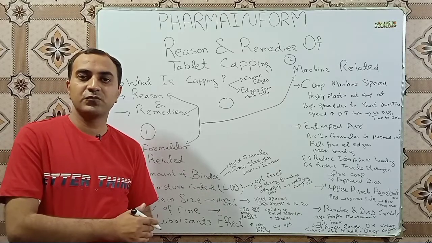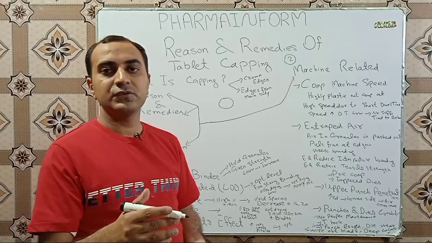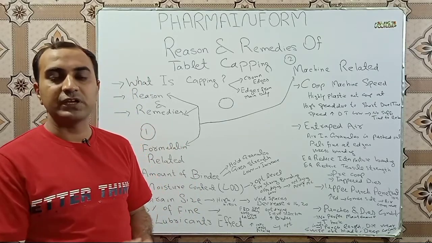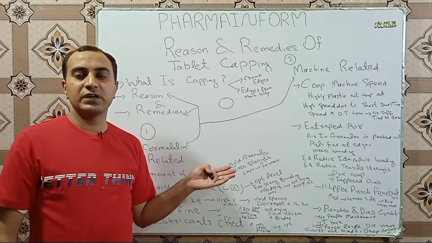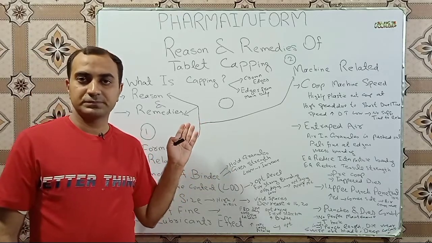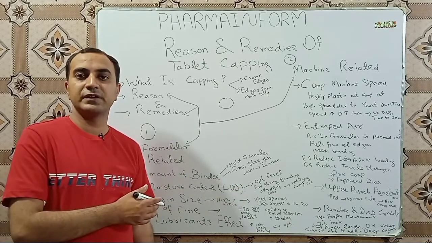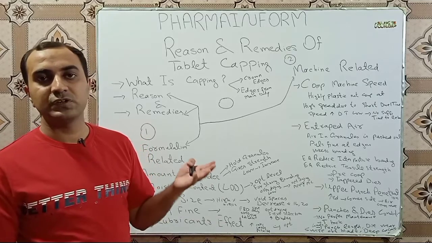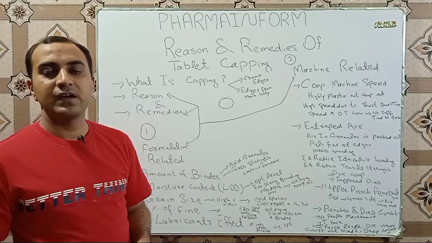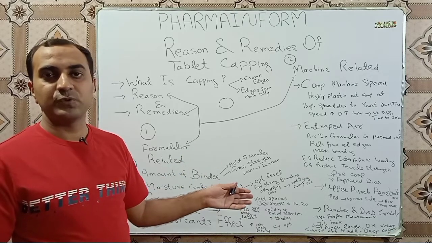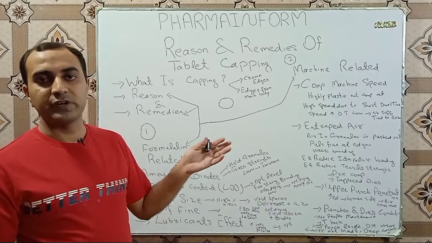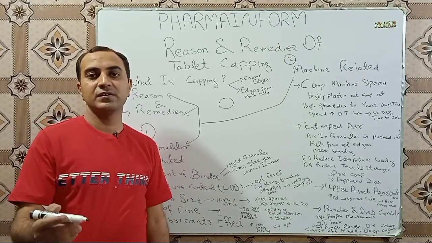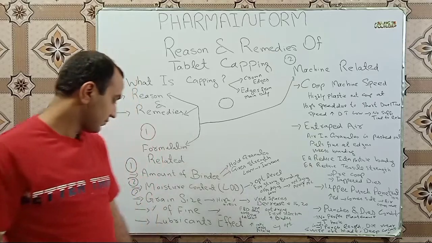We can reduce percentage of fine using large hole meshes like 12 number or 14 number meshes, or we can dry our granules by controlling the drying in the FBD using low fan motor speed, so that more fine is not produced and fine to granules ratio is maintained. So more fine will promote tablet capping.